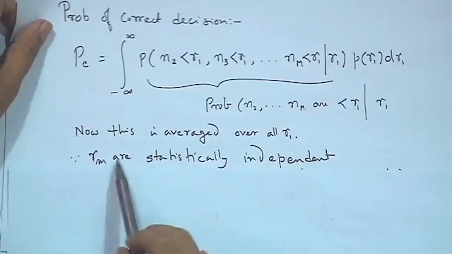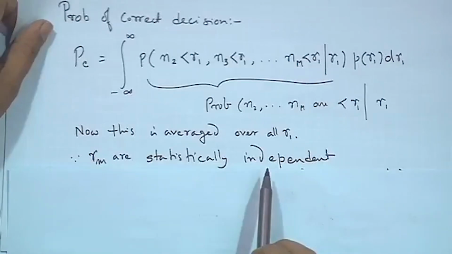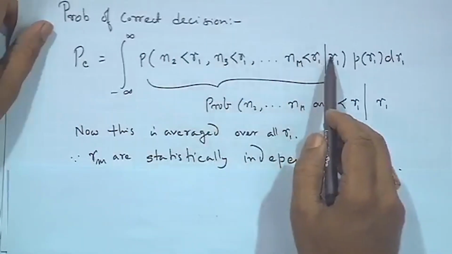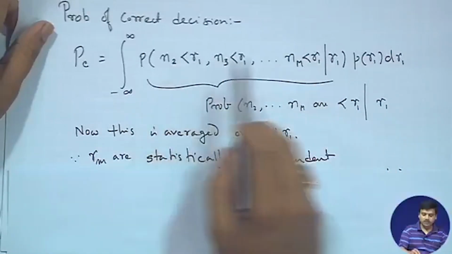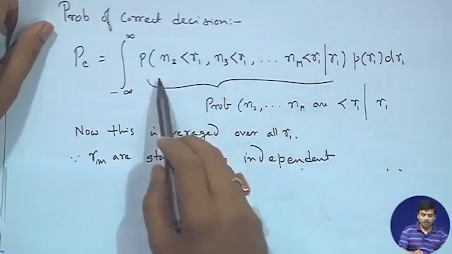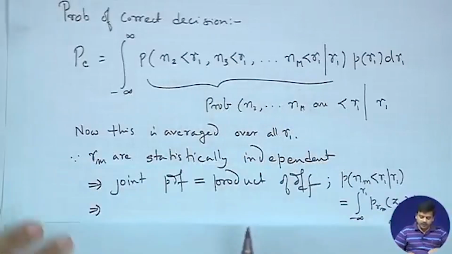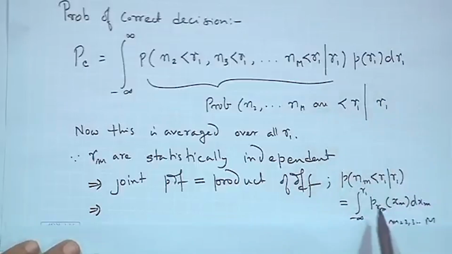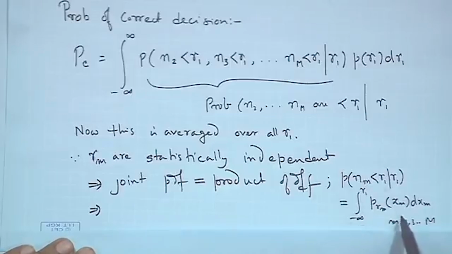So, if they are orthogonal and Gaussian, that means they are statistically independent. Statistically independent means that this joint distribution, of course conditional, turns out to be a product of the individual or the marginal distributions, of course conditional, for all the m terms from 2 to M, where any individual conditional marginal PDF is obtained in this fashion as written over here.